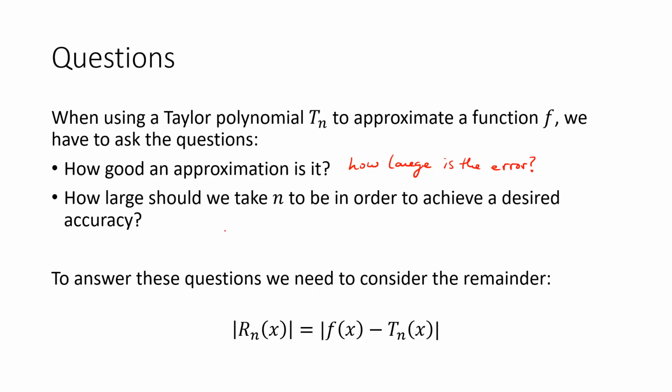If I want my error to be within a certain value, I don't want my error to be too big, so I give myself a restriction on how big I want my error to be. Then how large does n need to be to guarantee that my approximation is within this desired accuracy? In other words, our goal would be to find n such that the error is less than some desired value.